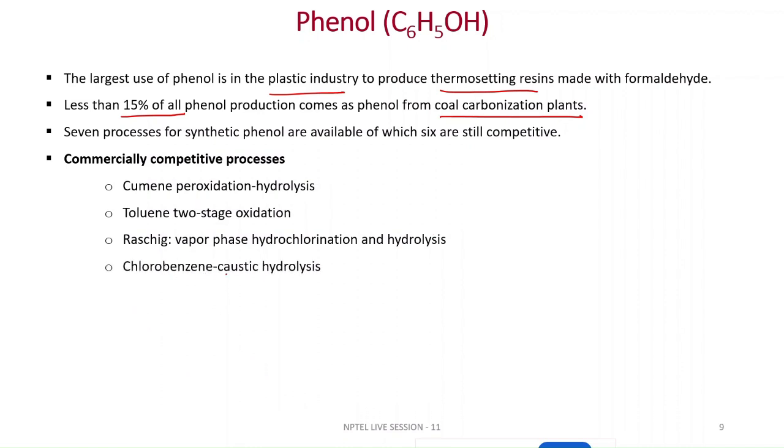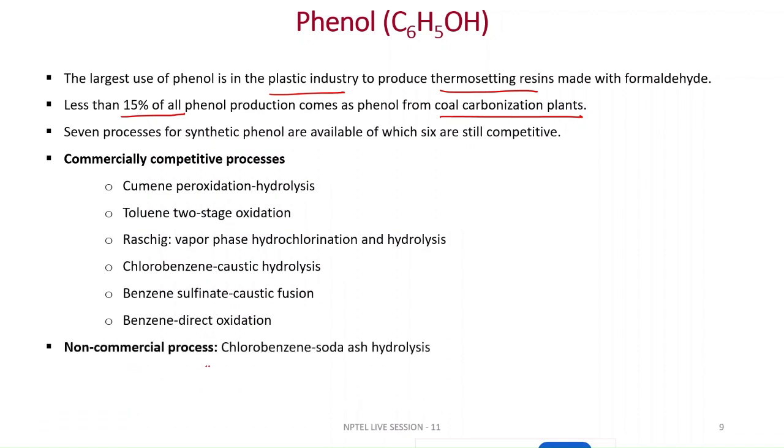Fourth is the chlorobenzene caustic hydrolysis process. Fifth is the benzene sulfonate caustic fusion process. Sixth is the benzene direct oxidation process. We will discuss all of these processes one by one, touching upon the key flow sheets to describe each process very briefly.